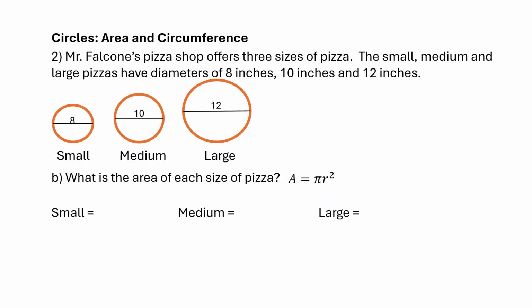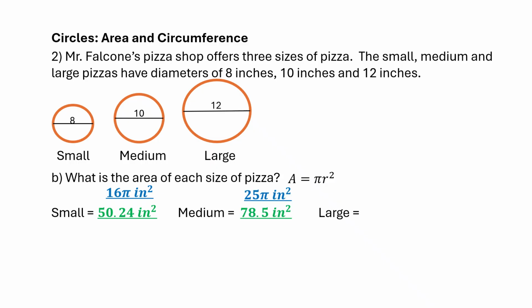So for the small pizza, 8 divided by 2 is 4, and 4 squared is 16 pi. If I use 3.14 to finish multiplying it out, this will be the area of my small pizza. For the medium pizza, 10 is the diameter, divided by 2 will give me 5. 5 squared is 25 pi.